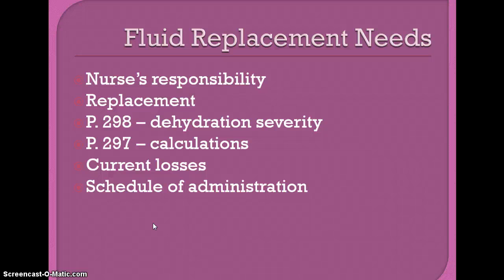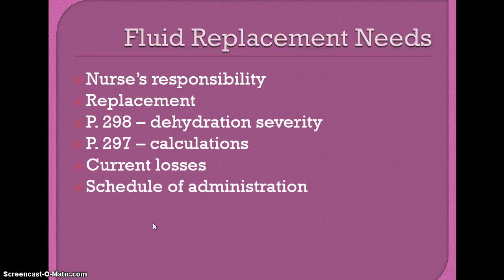Generally, replacement therapy is based on the child's stage of dehydration, which are classified as mild, moderate, or severe. The most accurate way is to take the child's current and immediate pre-illness weights in kilograms, and then there's a calculation on 297 for you to go by.